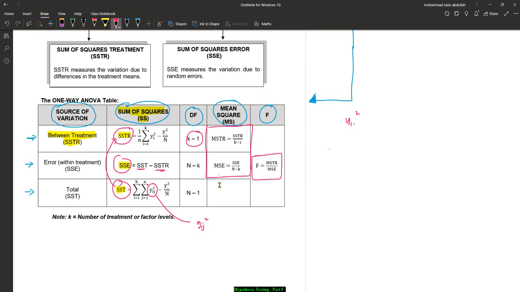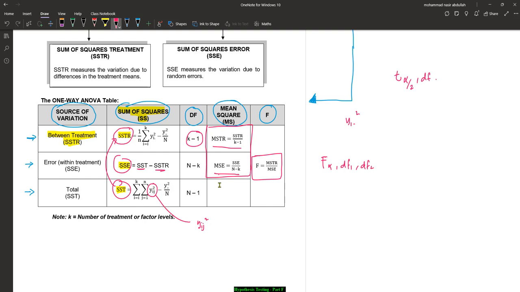The F distribution is a bit different from the T distribution. Remember for the T distribution, we only have alpha divided by 2 and 1 degree of freedom. But for the F distribution, we have alpha, degree of freedom 1 and degree of freedom 2. So remember we divide these 2 values, right? Mean square treatment divided by mean square error.